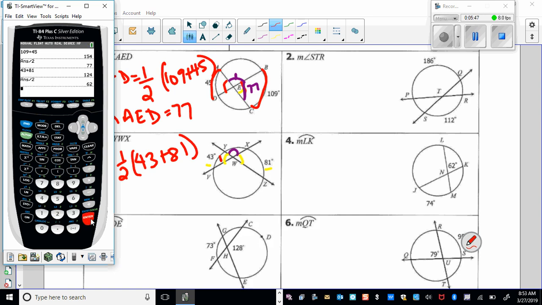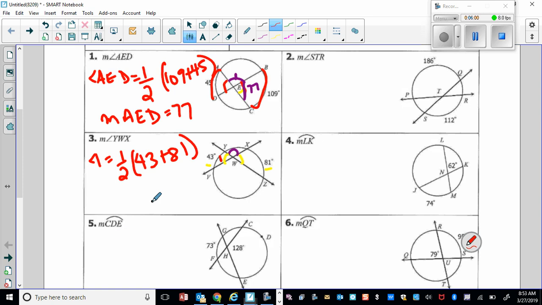So 62 is angle 1, but I'm looking for the angle next to it, so I have to do 180 minus 62 because they are linear pairs. That gives 118. So angle 1 is 62, and the angle I'm looking for here is 180 minus 62, which is 118.